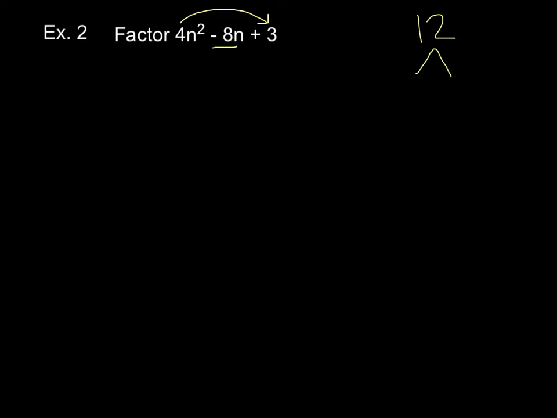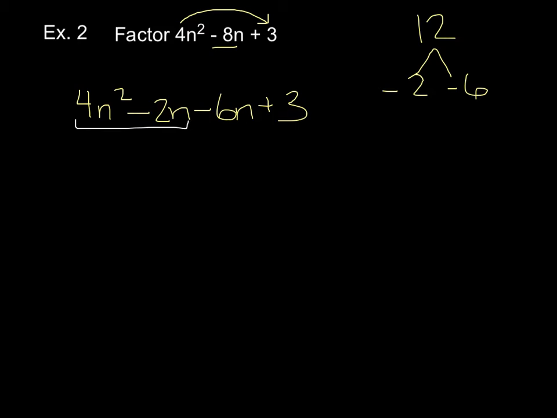So I'm looking at negative 2 times negative 6. That gives me positive 12, but adds up to negative 8. So again, the next step is we're going to take the minus 8n and split it to minus 2n and minus 6n so that we've got those four terms, and again we're going to group.